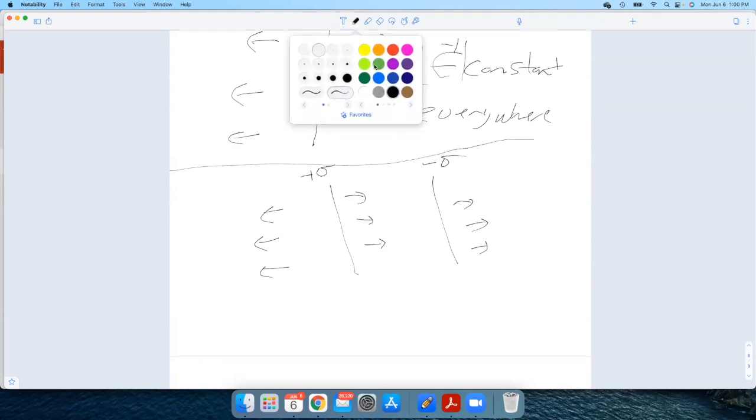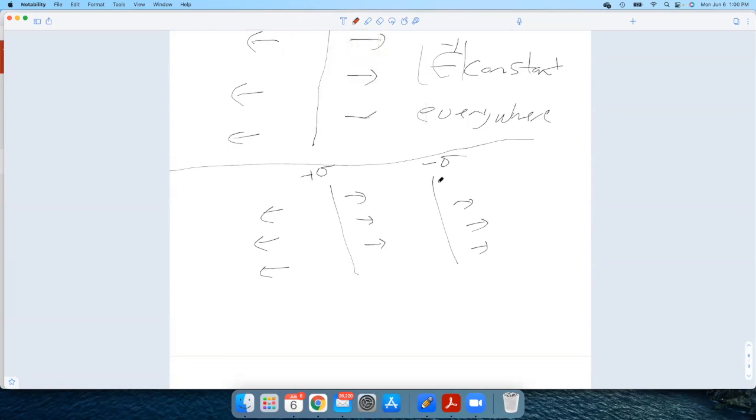From this other guy, let's choose red. This guy here is negative, and electric field points toward negative charges. So this guy is going to have an electric field that points toward him everywhere in space, and they're all going to be equal in magnitude.